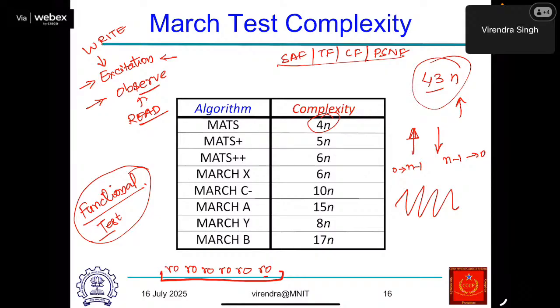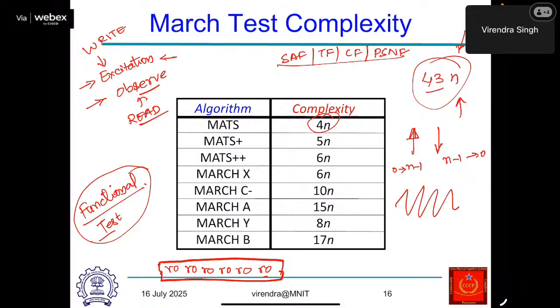So those are the kind of faults like the read destructive faults, etc. They need to perform more operations with a single memory cell, and therefore the number of operations will increase. If the number of operations increases, the time taken will increase.